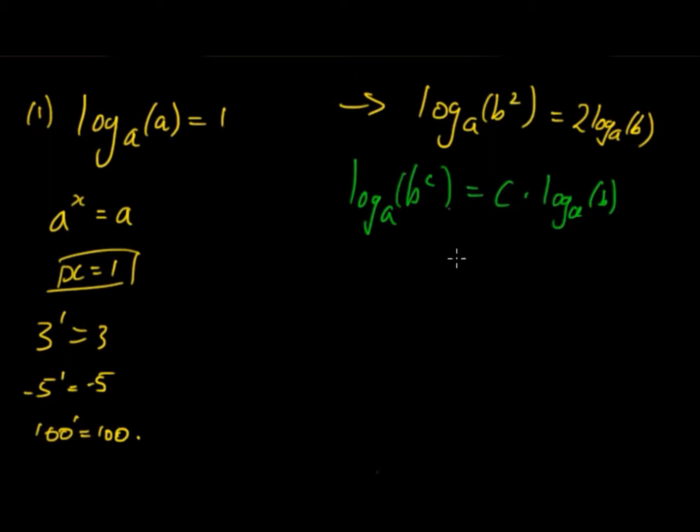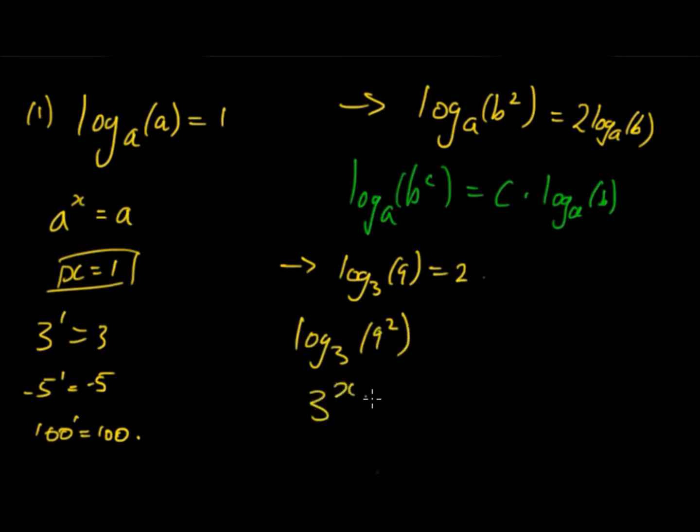And the reason for this is that, let's say we're going back to the function we had before, so log 3 to the 9 is equal to 2. And we showed this. What about now if I said log 3 to the 9 squared? Well, what's that answer? Well, that means we have to find 3 to the x is equal to 9 squared.